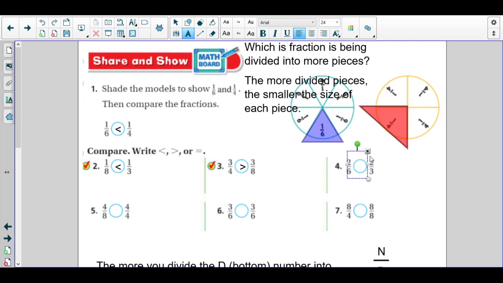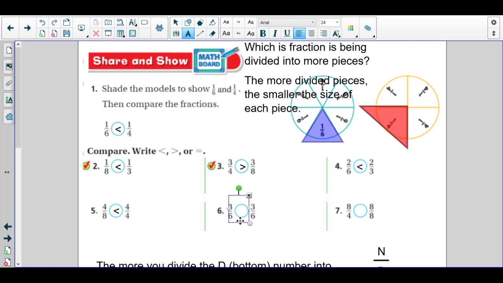How about this one? 2/6, 2/3. Which one is being divided into more pieces? 6. That means it is going to be less than. Let's look at this one right here. Which one is being divided into more pieces? The 8. So 8 is less than. Okay, 4/8 is less than 4/4.